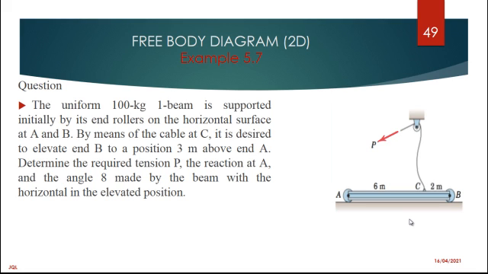Another example. Question. The uniform 100 kg I-beam is supported initially by its end rollers on the horizontal surface at A and B. By means of the cable at C, it is desired to elevate end B to a position of 3 meters above end A. Determine the required tension P, the reaction at A, and the angle.